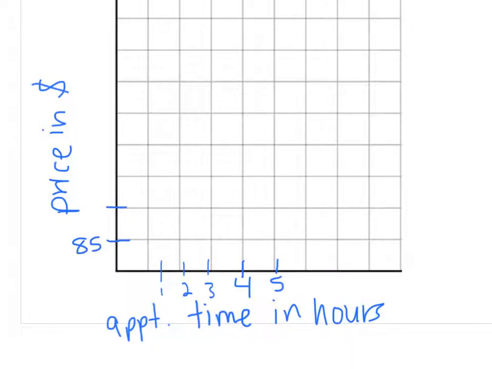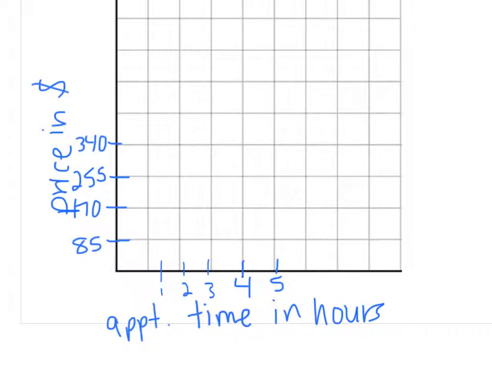That's why I don't have to put a break in my graph, because I know that this distance and this distance are the same. Now, if it was 85 an hour, but you had to pay 150 to start with, then I'd have to put a break and then go up by 85s. But this time it's nice, and we can just go up by 85s without having to put a break in the graph. Now we're just going to plot those points.